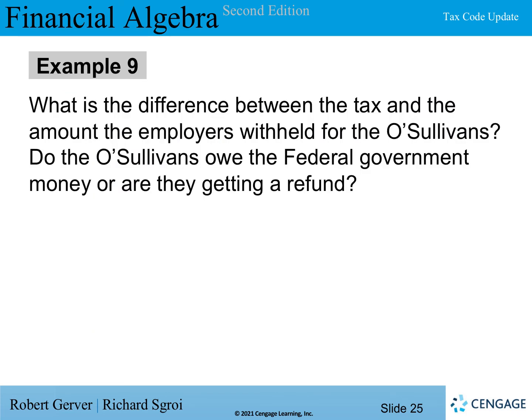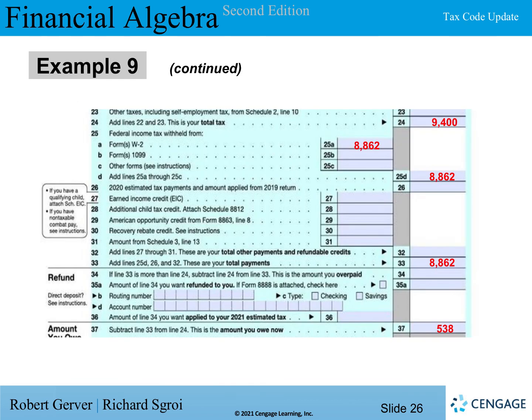So now we want to know, what is the difference between the tax and the amount the employers withheld for the O'Sullivans? In other words, are they going to get money back as a refund, or do they have to pay additional tax? Well, again, going back to Form 1040, we see that their total payments, as we said earlier on line 33, were $8,862. However, if we go back up here to line 24, their total tax that they owed was $9,400.